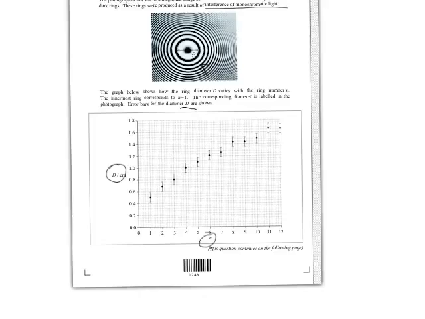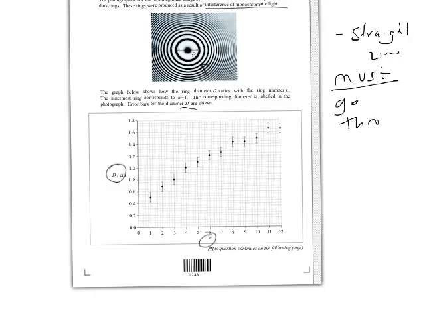Well, proportionality is a straight line which must go through the origin. So, straight line going through the origin. And if we look at this graph, it's very unlikely that it will go through the origin here. So, that is your evidence that it is not proportional.